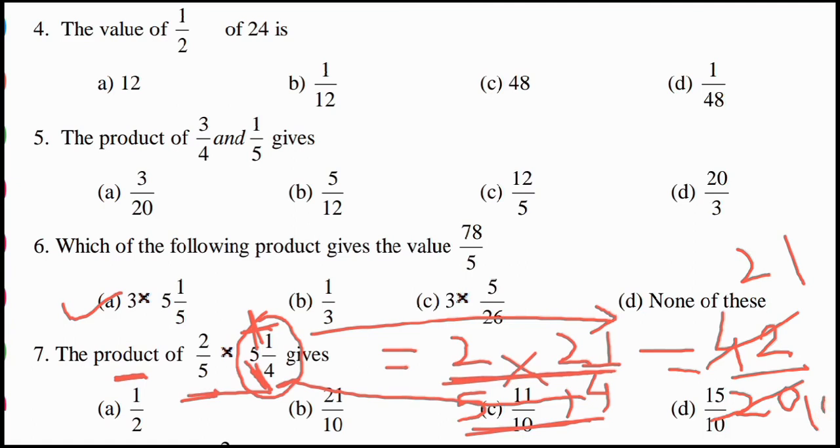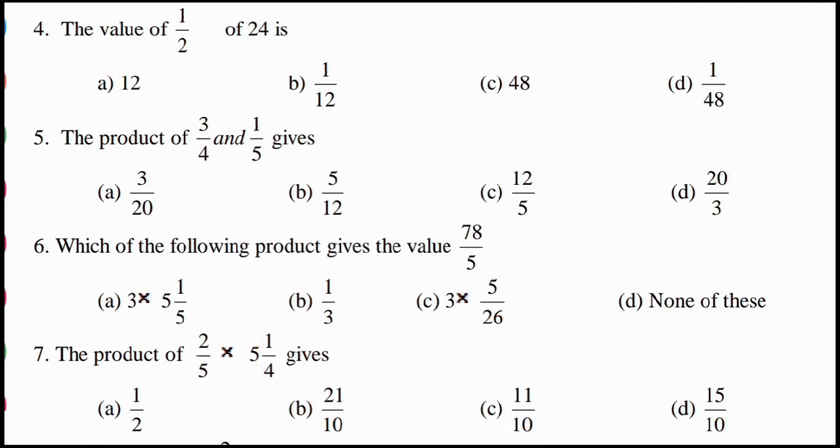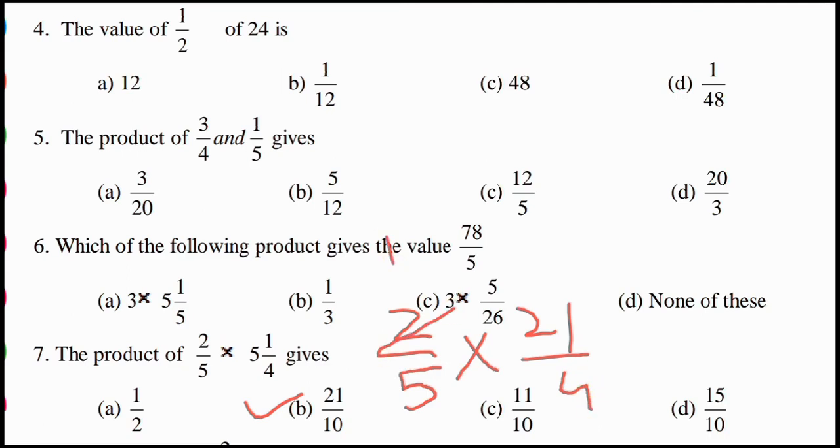So now the answer is 21 upon 10. And we find this answer in the options, and it is given in option B, 21 upon 10. This way you can do it, or you can directly cut like this. 2 1s are 2 and 2 2s are 4. Then you can directly find the answer this way also, right?